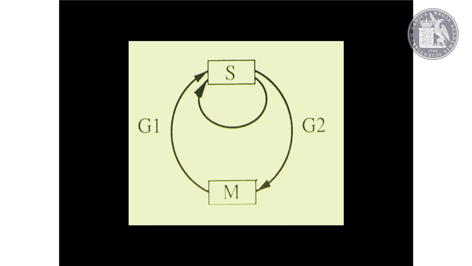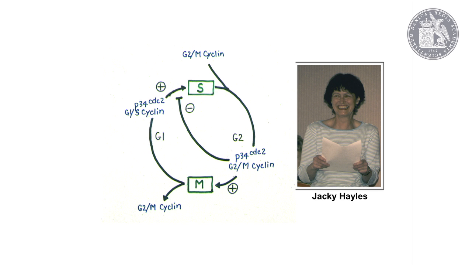So it's repeated rounds of DNA, which means that the cell is locked into repeated rounds of DNA replication. When we investigated what the gene was, it was CDC13, the cyclin component of CDC2. And this was carried out by Jackie Hales, a long-standing collaborator in my lab, who actually just retired this last year.